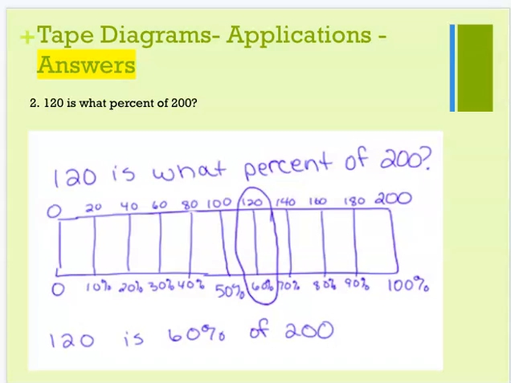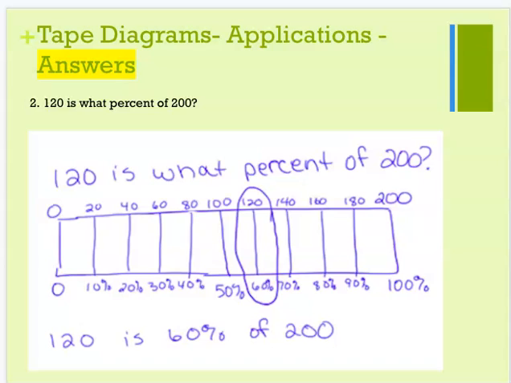So 120 is what percent of 200? Again, I drew my rectangle to represent the whole unit. I labeled 200 at the end, and then on the bottom I labeled 100%. Again, I broke it down into 10 equal pieces because 10% of 200 is 20, so if I count by 20s, I will definitely see 120.